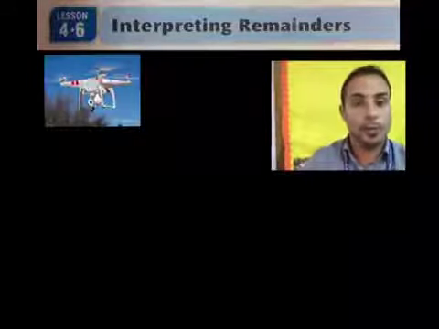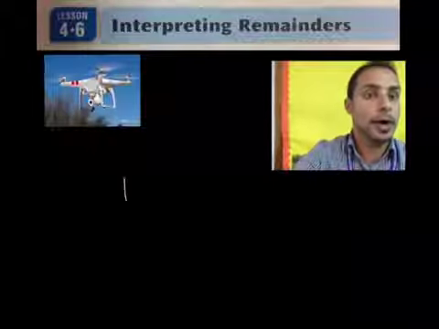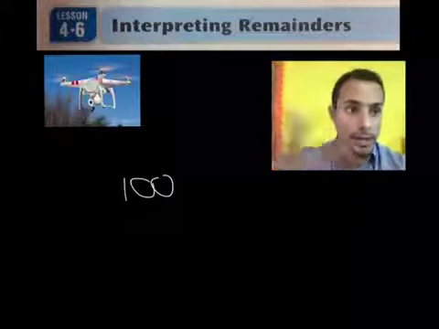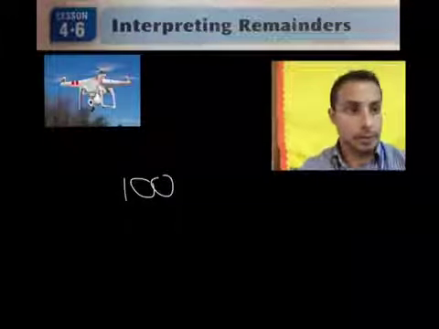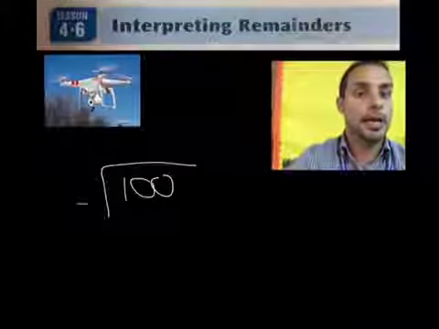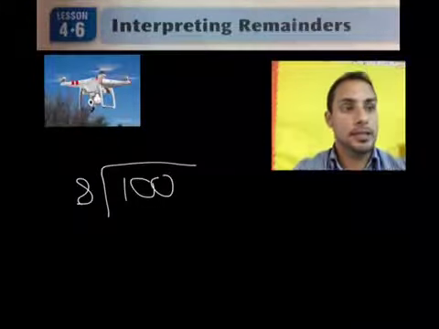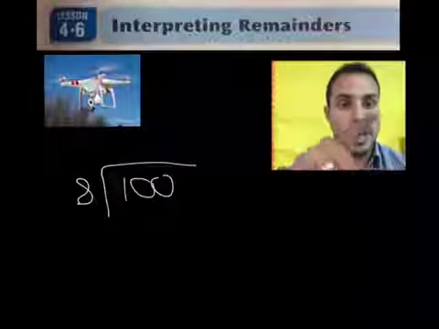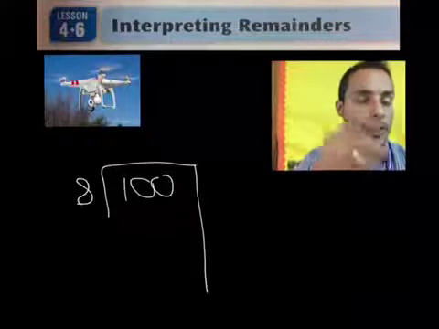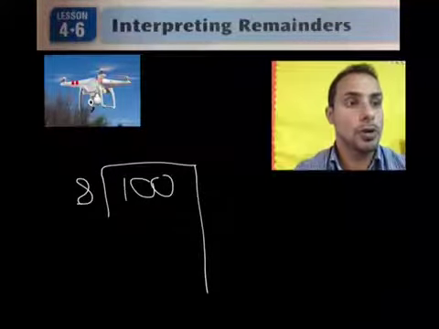There's the number 100, and the number 100 needs to be split amongst 8 of you equally. So we have the number 8. Let's do partial quotient.